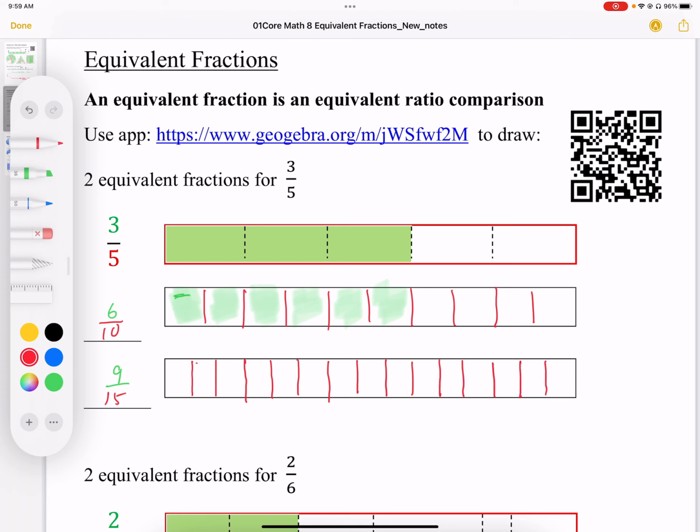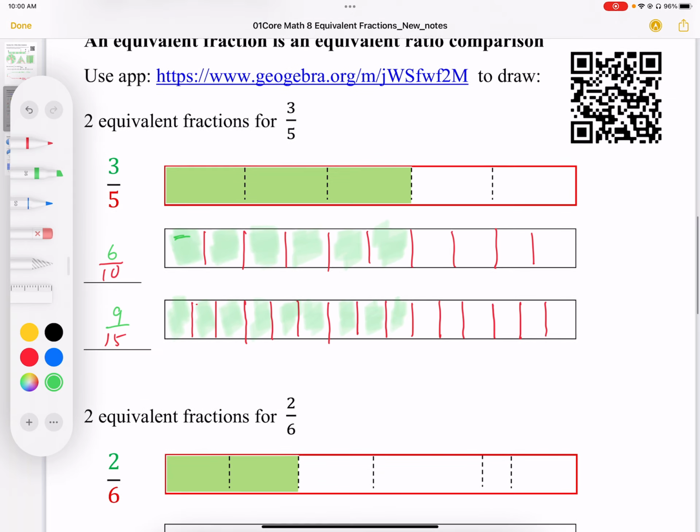So I'm going to times the top and bottom by 3. What ends up happening is the 3 pieces I had shaded now become 9 pieces shaded. Okay, and now the 5 pieces that made up the whole, times by 3, gives me 15 pieces that make up the whole.